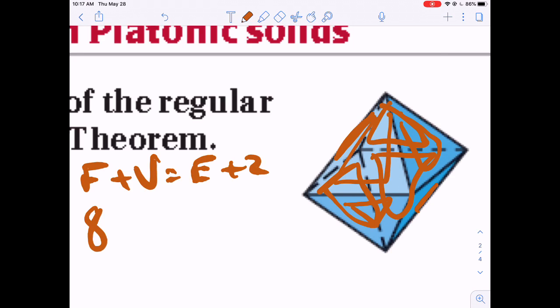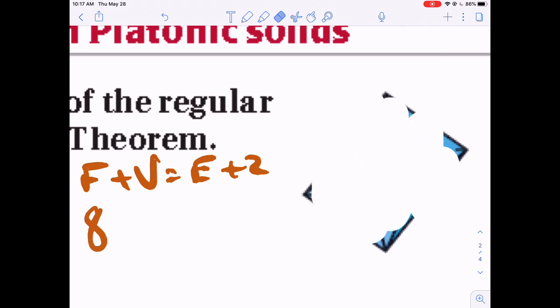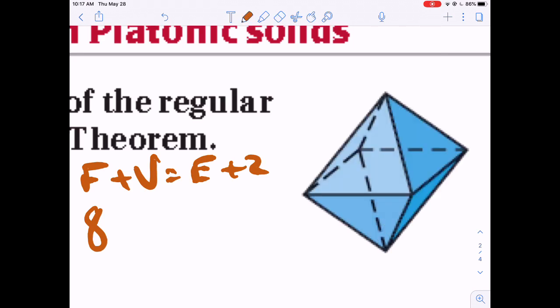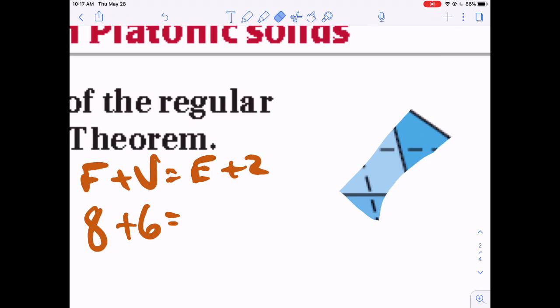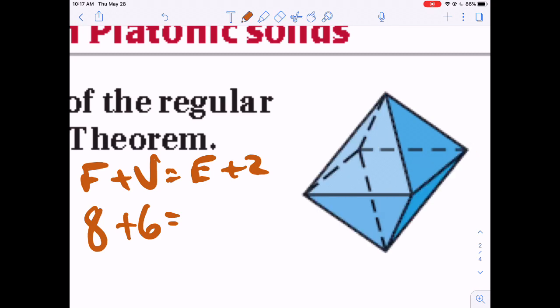Now I can erase this and start over again. Vertices, those are the points. So here's 1 at the top, 2, 3, 4, 5, and 6. I don't see any other ones. So plus 6. Now I'll get rid of all those so I keep it all straight. Now the edges are all the lines that connect the vertices, and sometimes these are tricky.